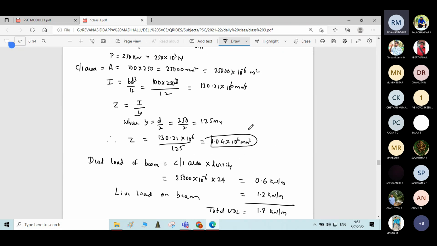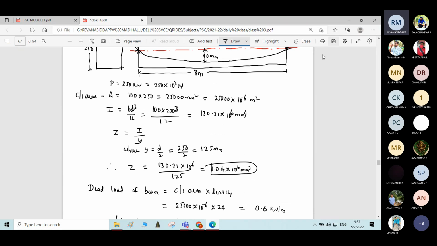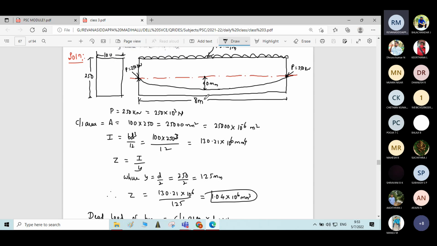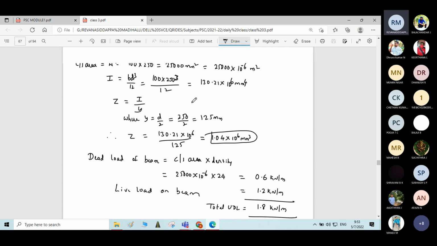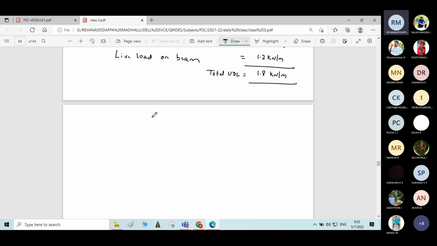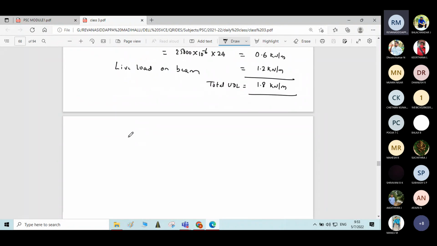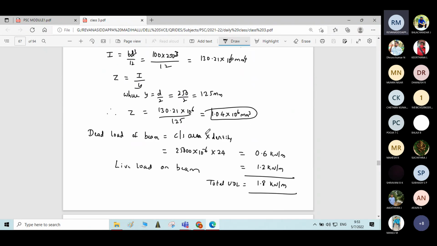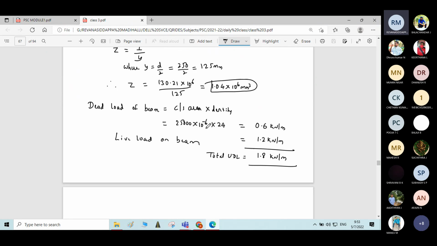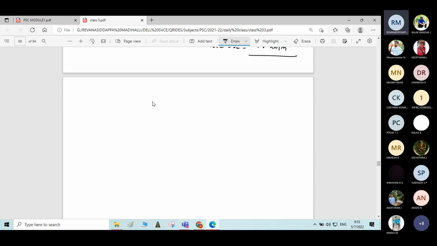Now we need to find the location of the thrust line or pressure line at midspan, quarter span, and the support. So find the moments first at respective points. Write the loading condition. Total UDL is 1.8 kilonewton per meter. Span is 8 meter and it is a simply supported beam. I'll write the diagram for the same now.